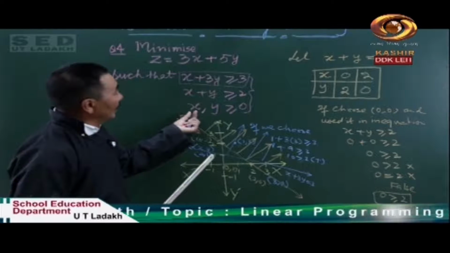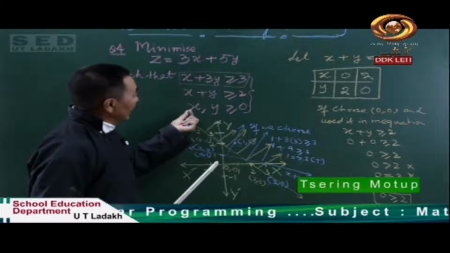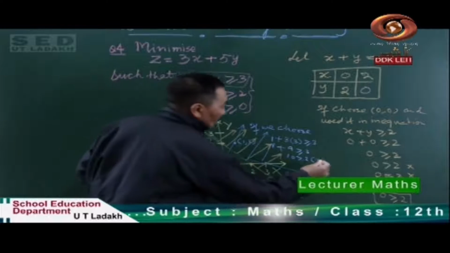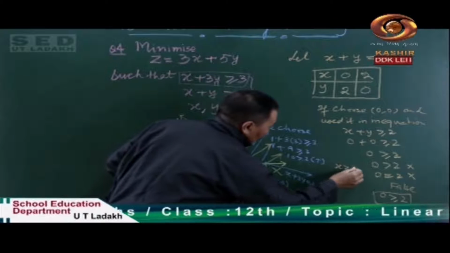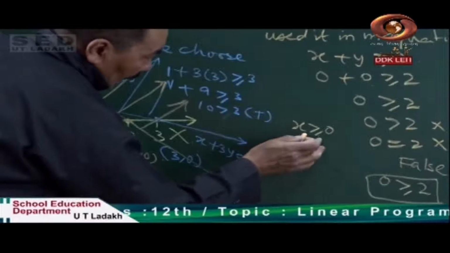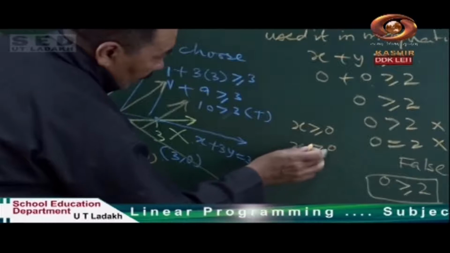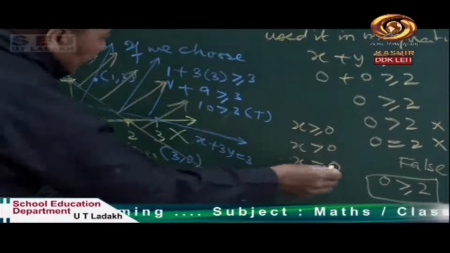So I have almost finished it, but now I have to find out the solution region of x and y. Can you remember it? X greater than or equal to 0, y greater than or equal to 0. That means I have two conditions. X is greater than 0, and x is equal to 0.